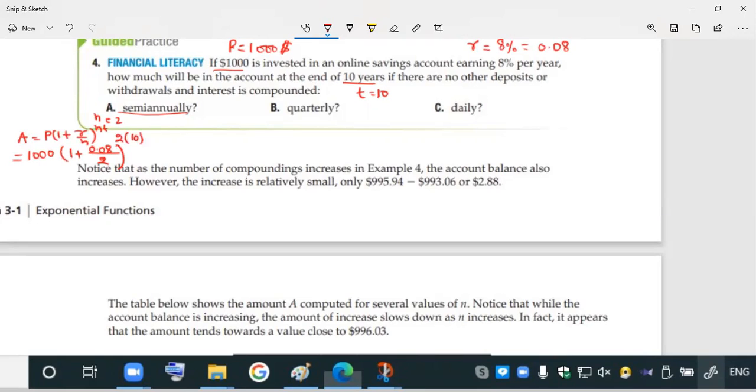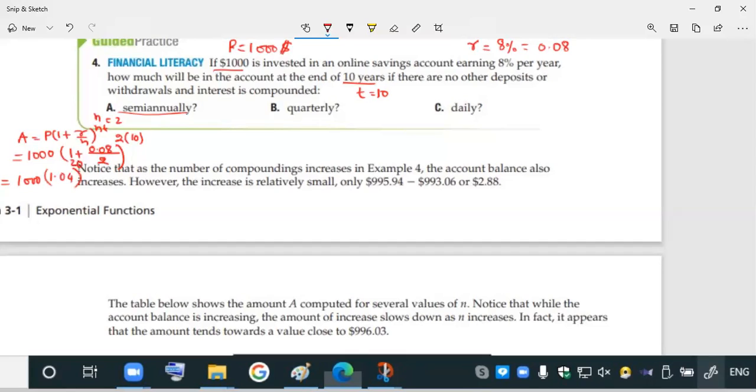So we get now 1000. This will be divided to 0.04. So 1.04. It will become 1.04 raised to power 20. Then we can calculate it. 1.04 raised to power how much? 20.